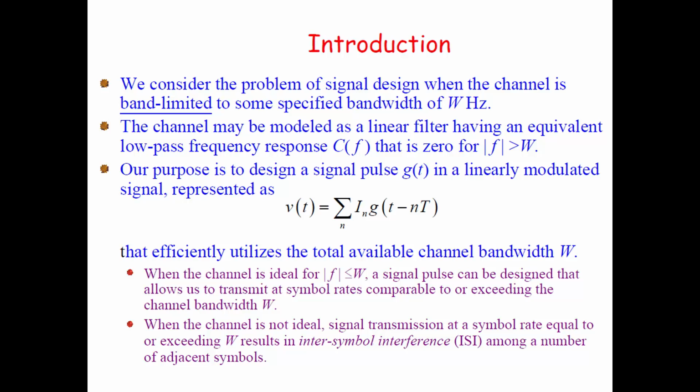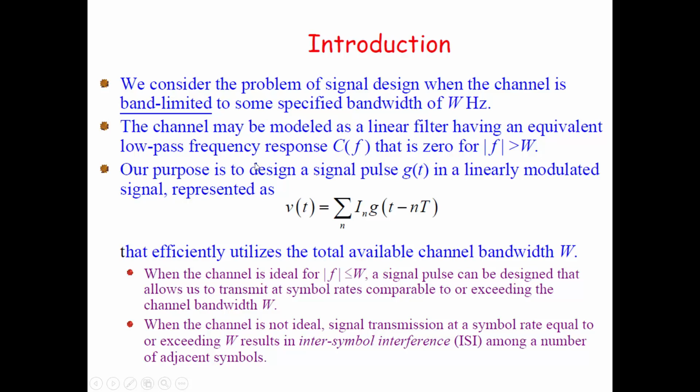Now, how will those ones and zeros be transmitted through the transmission channel or the communication channel, and in what waveform will the ones and zeros be represented? So that's the point we concentrate on while introducing the concept of intersymbol interference.